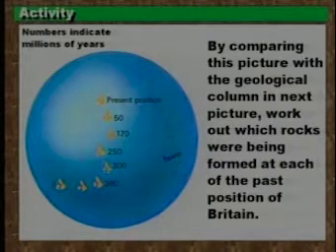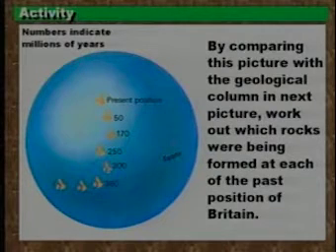For each of those years, you are going to compare with the geological time scale and then work out which rocks were being formed at each of the past positions of Great Britain. You have 2 lots of information to look at for the completion of that task. That's the first activity. So if you can circle on your worksheet 21.